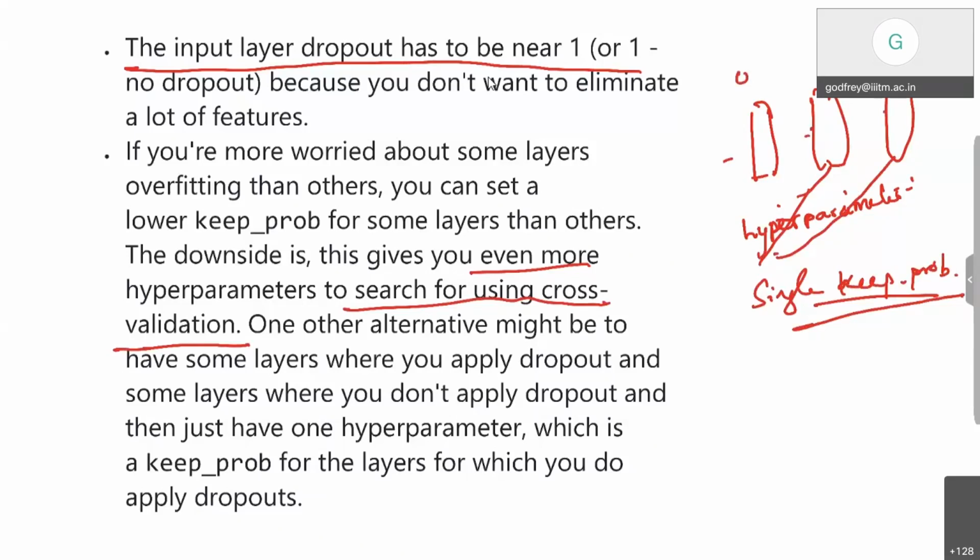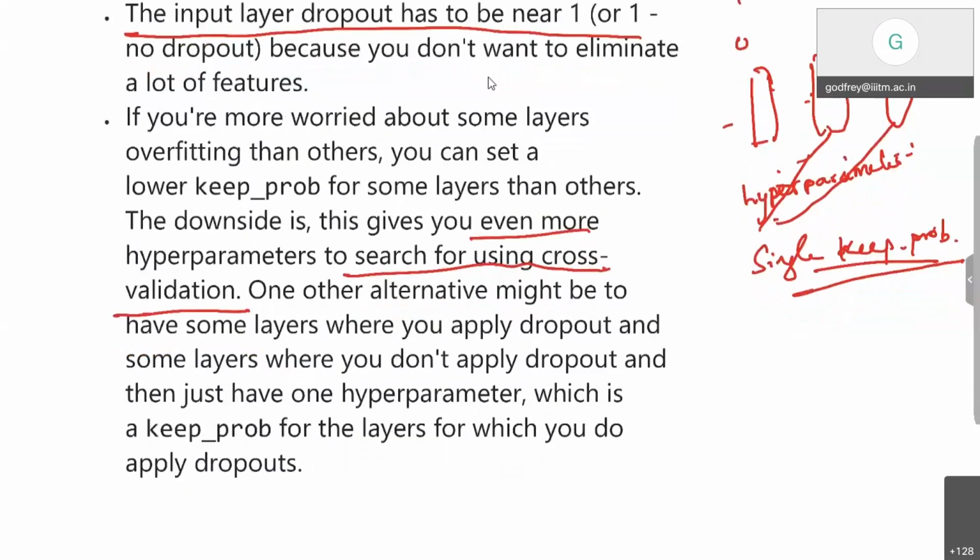What I do is I have a single keep_prob, but I decide which are the layers which need to be affected by it. That way, I have only one parameter.